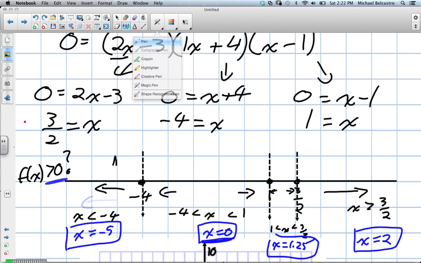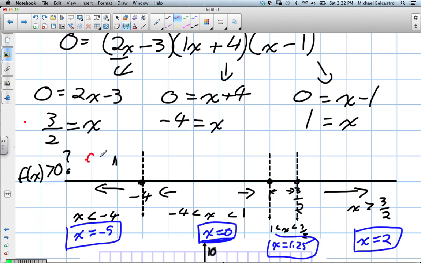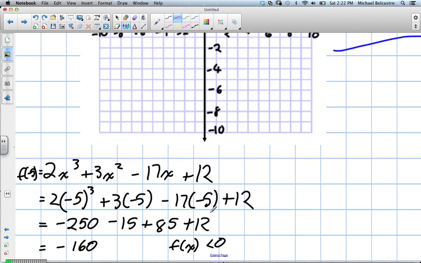So let's actually write our answer in here. We know that f at x is less than 0. Okay, so now let's find between -4 and 0. It's the same idea. We plug it into this equation. This one will be a little easier because when x is 0, I'm just going to write it straight in. That's going to be 2 times 0 cubed plus 3 times 0 squared minus 17 times 0 plus 12.